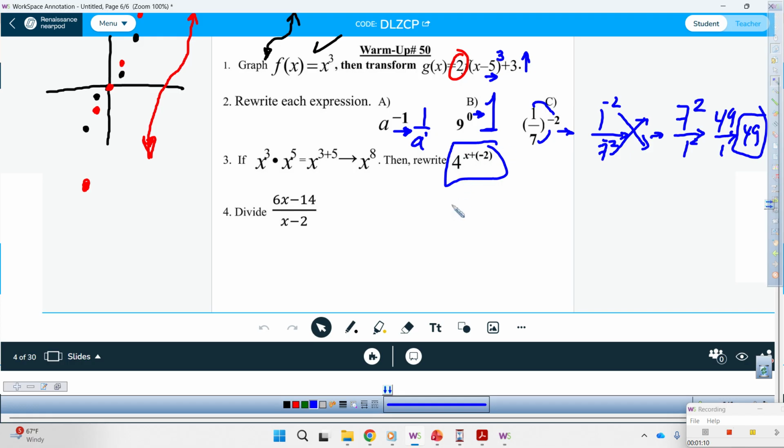So what do I write? 4 to the x times 4 times -2 to the -2. Can we have negative exponents, people? No, so that goes to the denominator. We keep 4 to the x on top, and we change the negative exponent to a positive. So it's 4 to the x over 4 squared, which is 16.